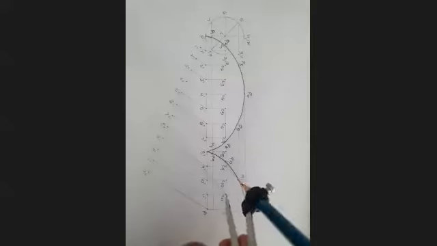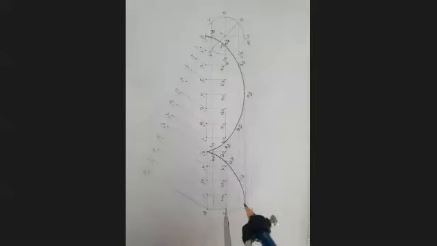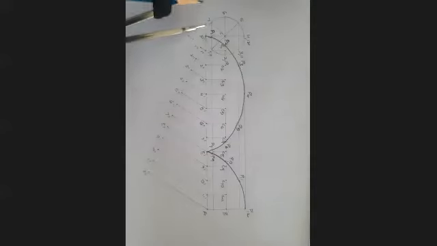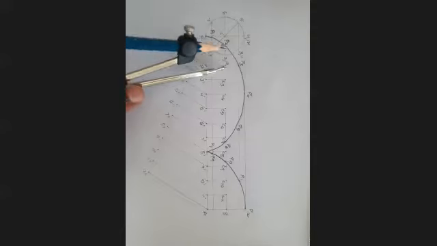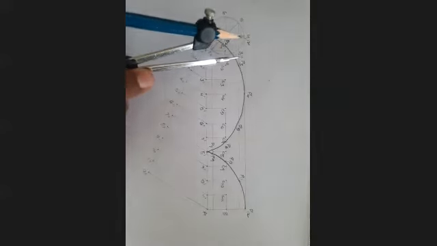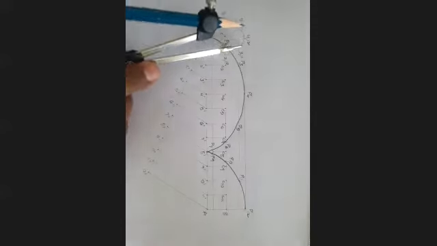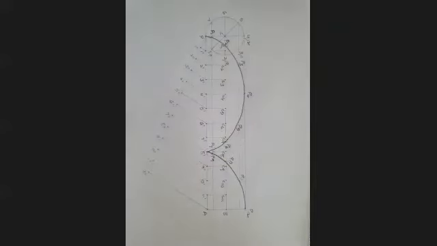C11, cut the arc on the 11th line. Next C12, cut the arc on the 12th. You see, 7, 1, 9 are on the same line. 6, 2, 10 are on the same line. 5, 3, 11 are on the same line. 4 and 12 on the same line. In that way, you have to cut. You see how smooth and fine a curve we are getting. Like that, you need to draw.